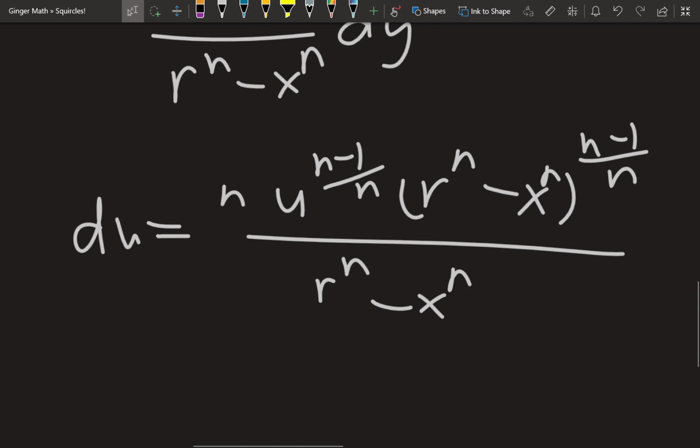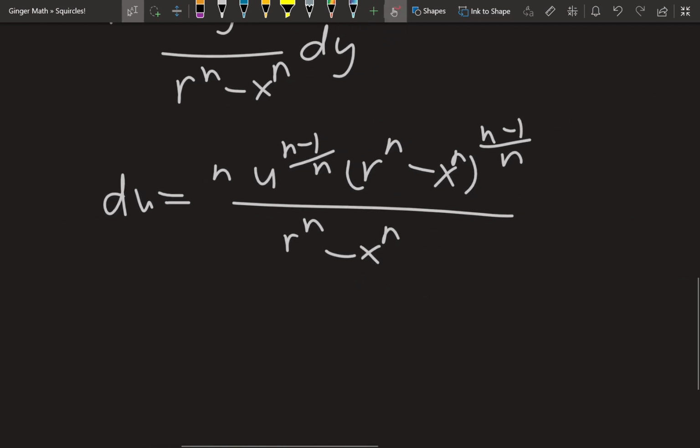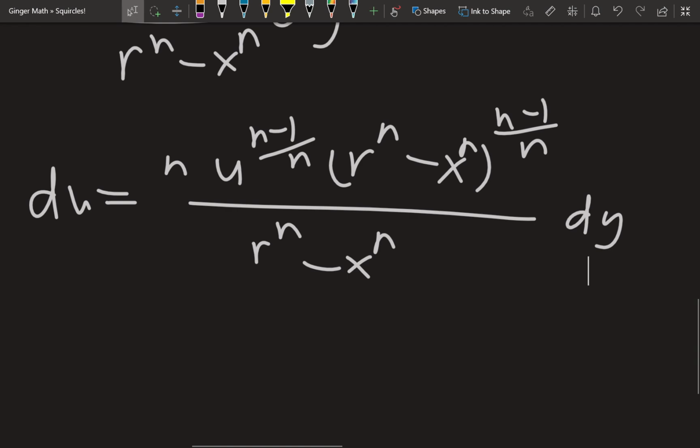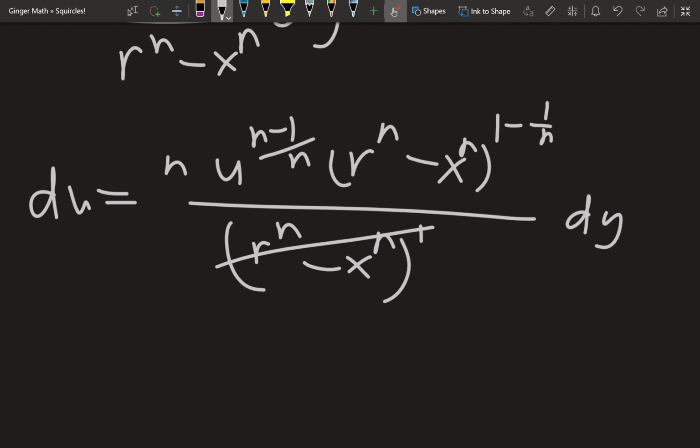You will notice here actually that we can simplify this quite a bit. This exponent right here, I'm going to rewrite this real quick as 1 minus 1 over n. The reason for that is because you'll notice we have this here, which is just to the first power. This and that just cancel. It's quite nice, actually.